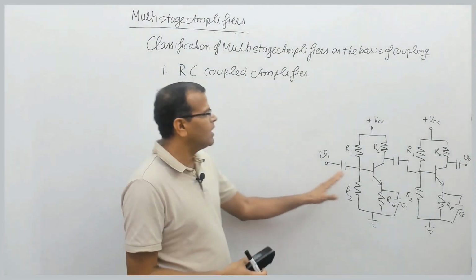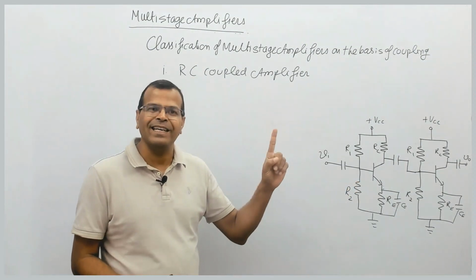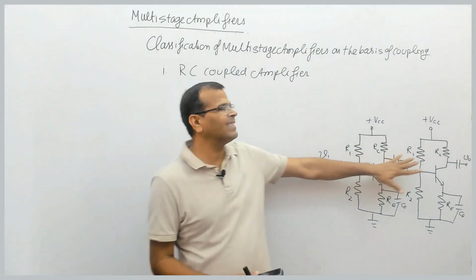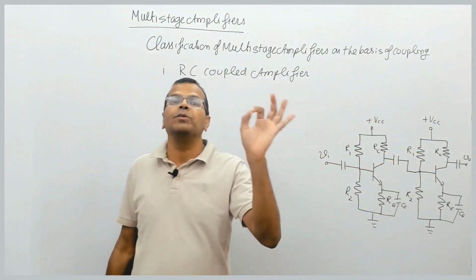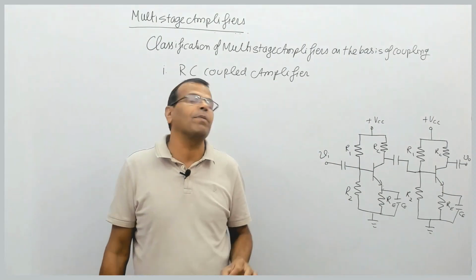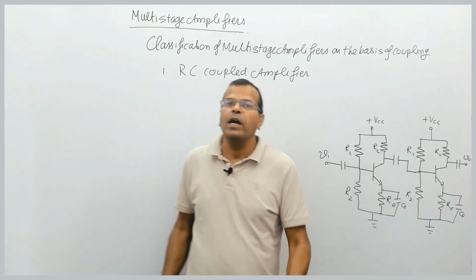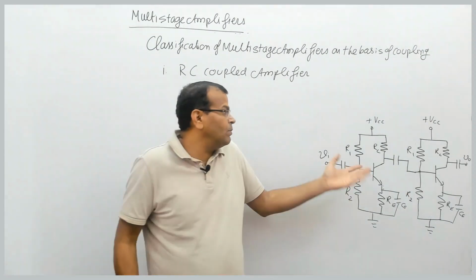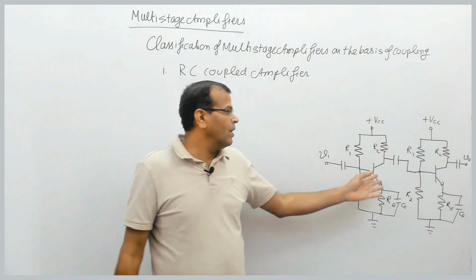Now, in case of the RC coupled amplifier, we will go for mathematical analysis of this amplifier in cascading of the amplifiers. But here just remember, the RC coupled amplifier is the most commonly used amplifier because of its simplicity. It is very simple in construction. It is small, compact in size because it uses a simple resistor, capacitor and BJT of course.